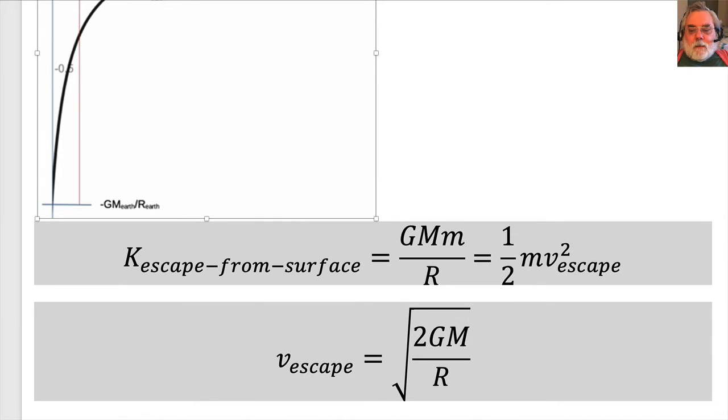The escape velocity from Earth's surface is 11.2 kilometers per second, about 7 miles per second, or 25,000 miles per hour, or 33 times the speed of sound.